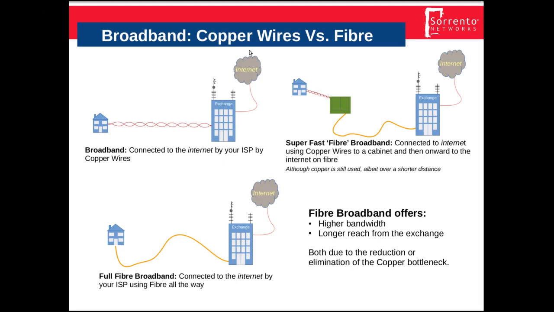So here we have the telephone exchange, and there is the internet connected behind, and there is a connection between the exchange building and your home or office. So that is how broadband was first put in a few years ago now.